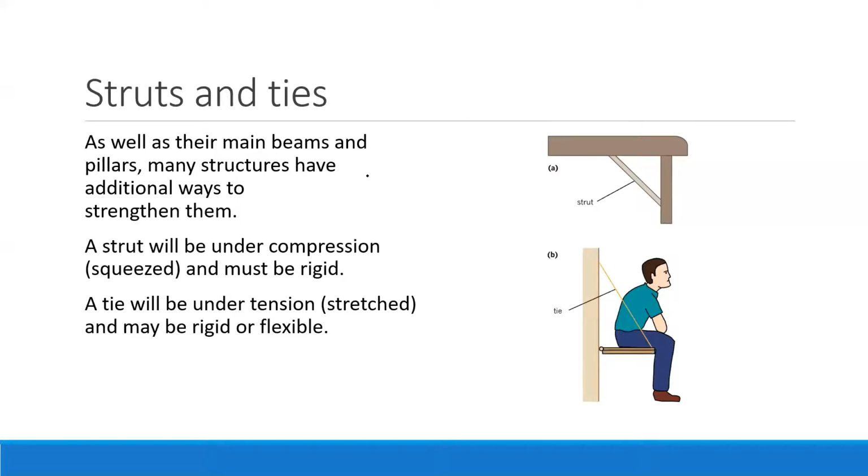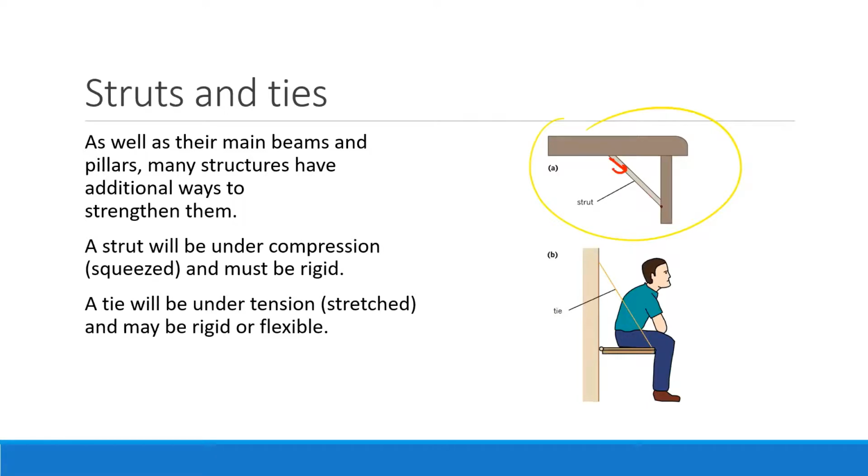As well as their main beams and pillars, many structures have additional ways to strengthen them. Struts will be under compression, and this is an example of a strut: they will compress. If you have a rigid piece of wood or steel or metal, as this gets compressed, it's going to push.